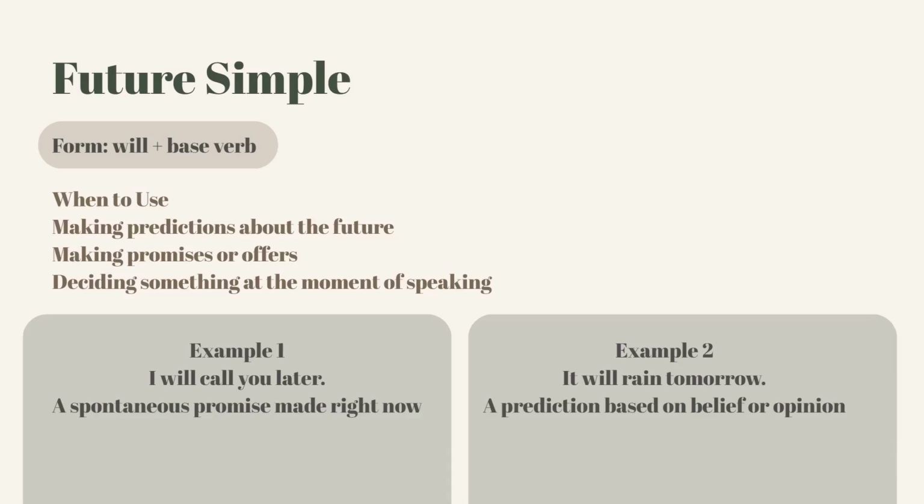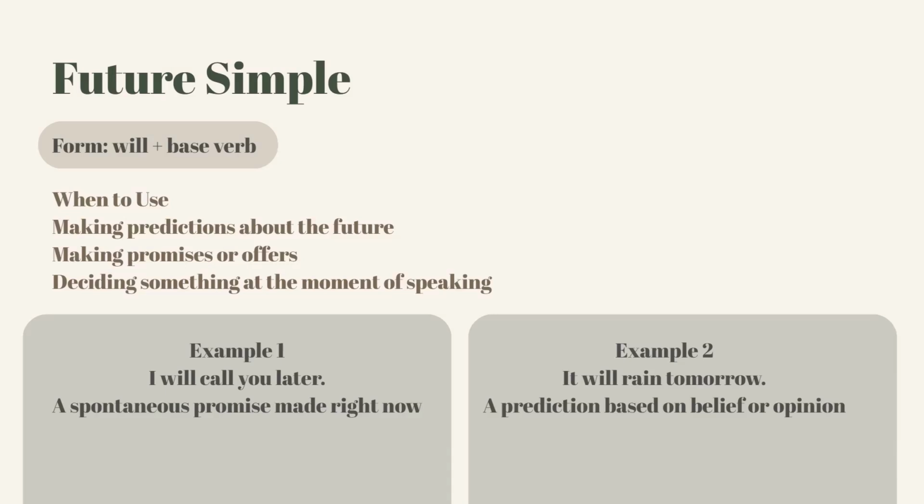We can see in our first example, I will call you later. You're talking with your friend and they just say, I will call you later. It's just a decision that they made. At the moment, they're just like, okay, I made this decision, I will call you later.